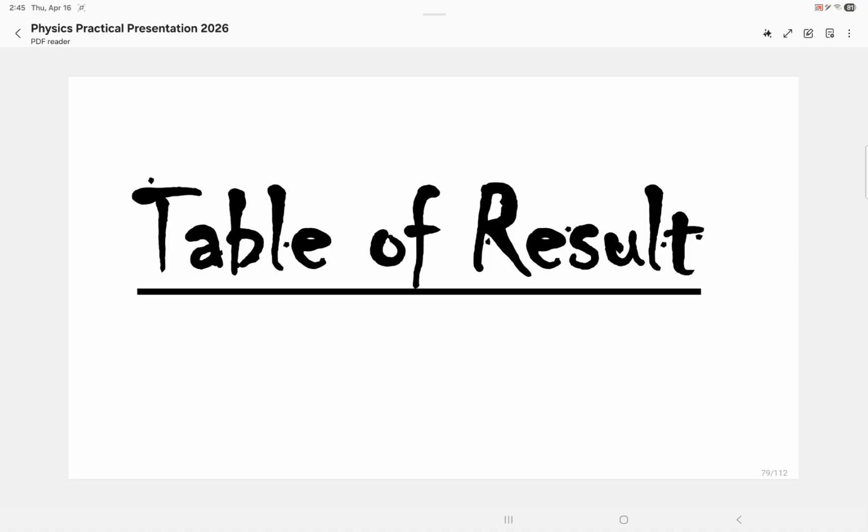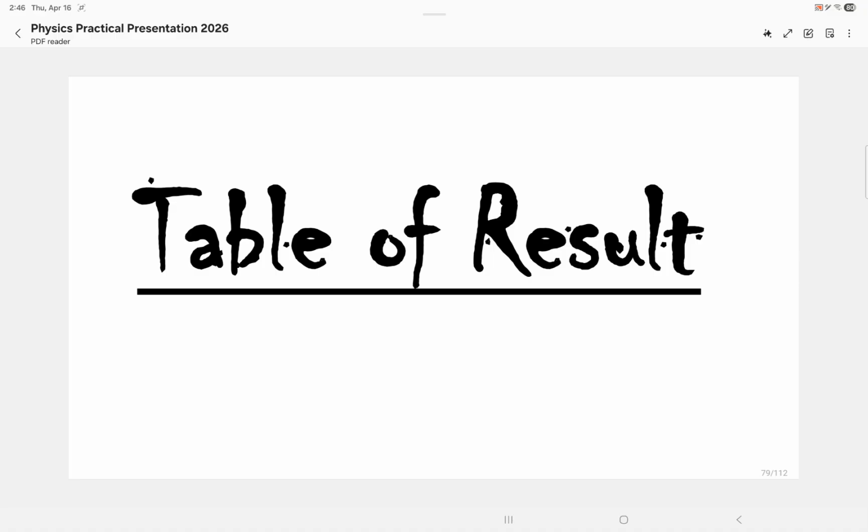A good table of results will let you earn 8 to 12 marks out of 20 from question number 1. That's why I used to call it Thor or TOR, table of results. How can a table of results be presented in a question paper?